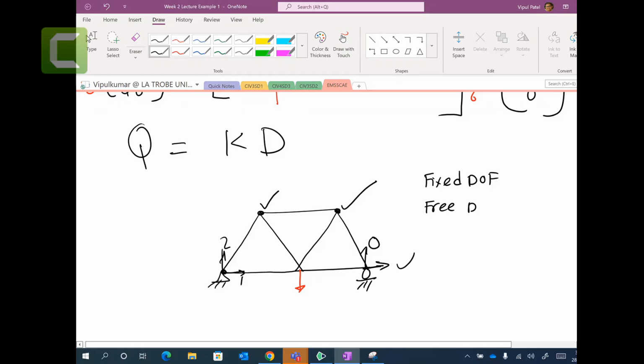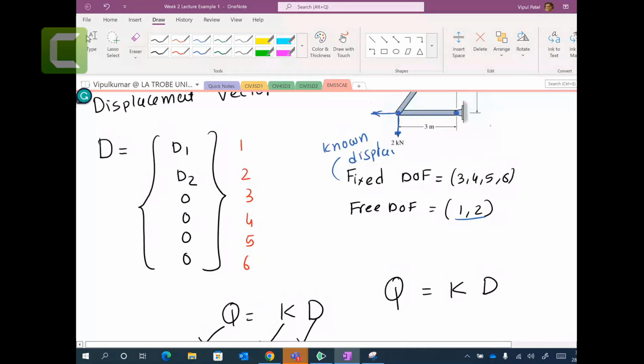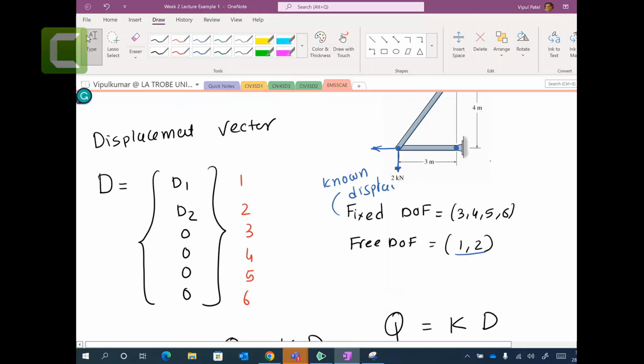I have a question. Like fixed degree of freedom? Yeah, fixed degree of freedom. In your example, sir, if you use the truss member, is the material kind of malleable, or can it be easily extended? If we apply a little force, it can be extended a little bit. So can we consider the displacement at the fixed support or not?